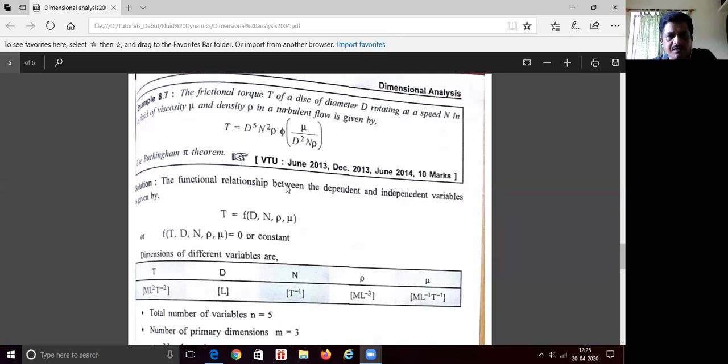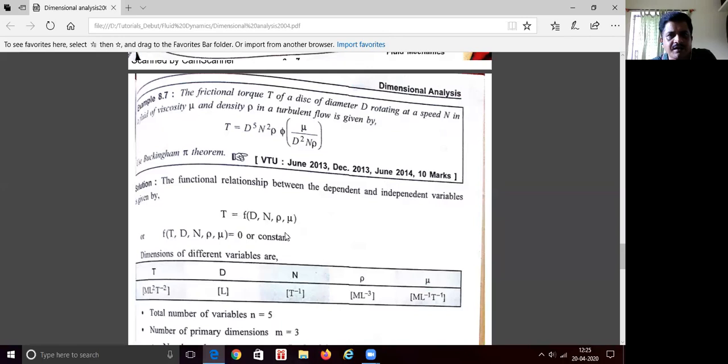Let us see how to solve this problem. Don't miss the next problem. To some extent, you have understood what all these dimensions, M, L, T, are. If not understood, please go through that and be prepared for the next class. Let us see how to apply Buckingham theorem to solve this problem.